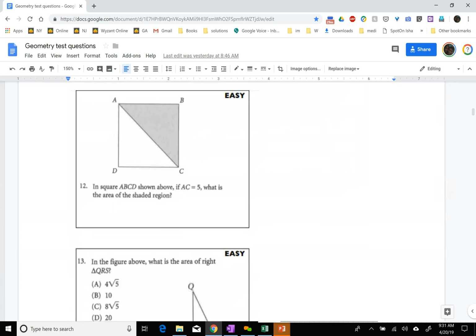Try this one, number 12. AC is going to be 6.